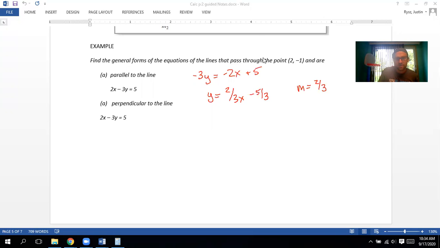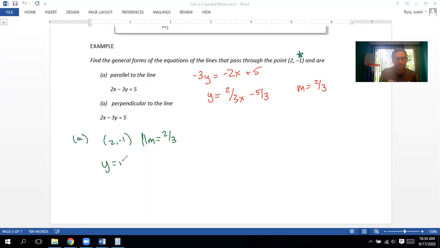So let's go through these problems and find the parallel one and the perpendicular one. For problem A, if we want it to be parallel, we want it to go through the point (2, -1), and the parallel slope would equal the same thing as the regular slope, 2/3.